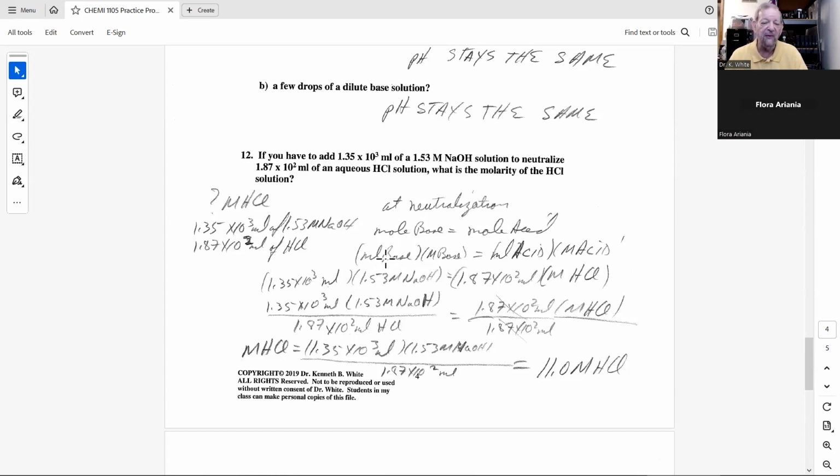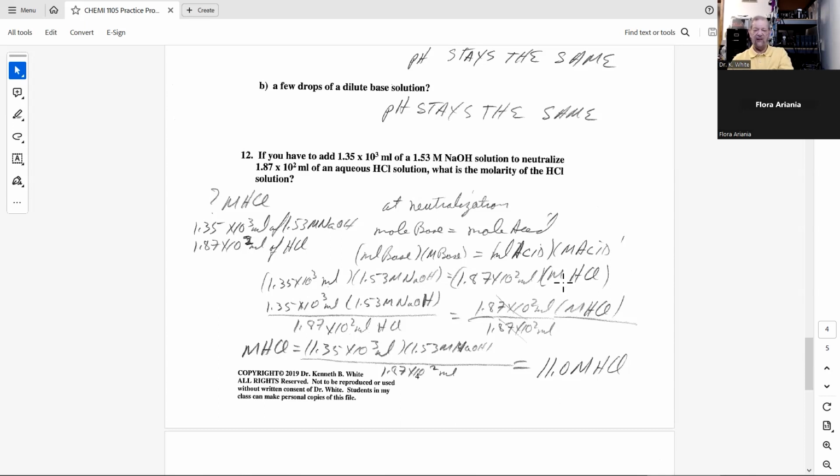Never mind. Anyways, milliliters of base times molarity of base equals milliliters of acid times molarity of acid. That was important information. Now, if we put in the numbers, here's the milliliters of base, here's the molarity of the base, here's the milliliters of acid. And we're trying to find the molarity of acid.